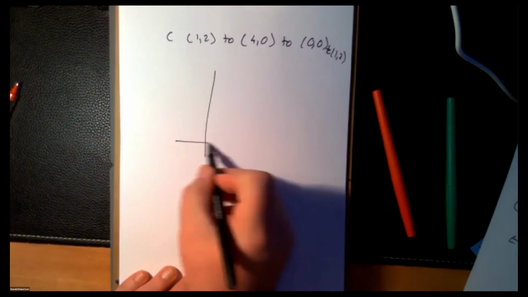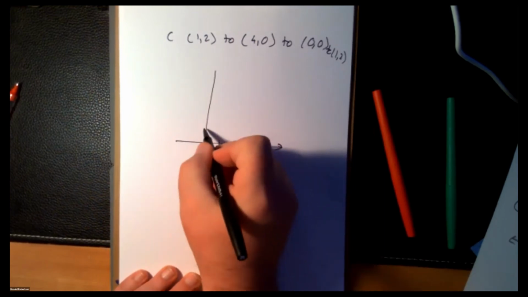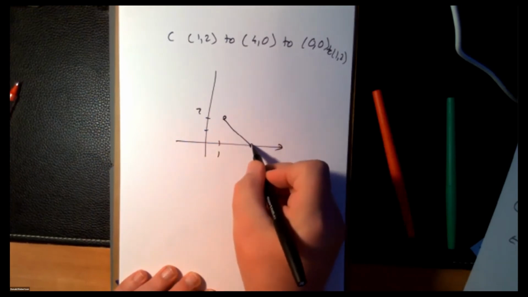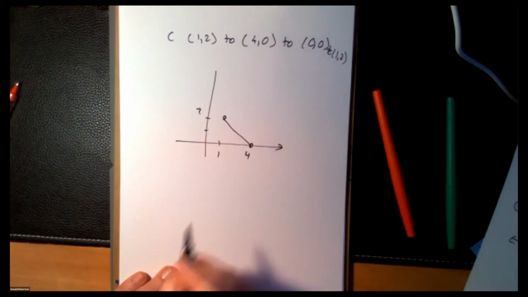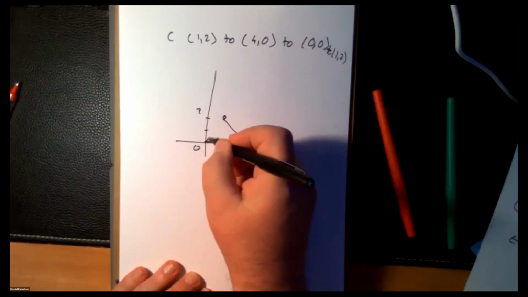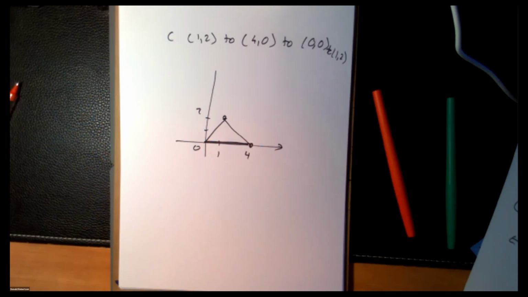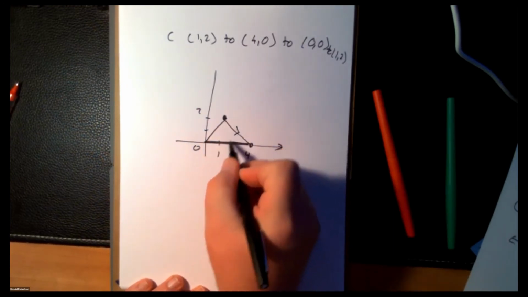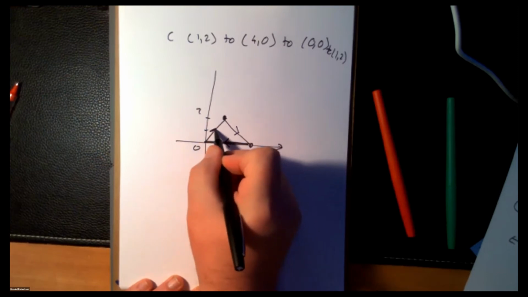So I draw my little guy and I go 1, 2. And then I go to 4, 0. And then I go to the origin. And then lastly, I go back. But notice the order. I went from here to here to here to there.